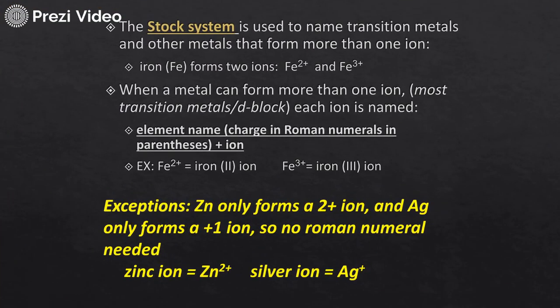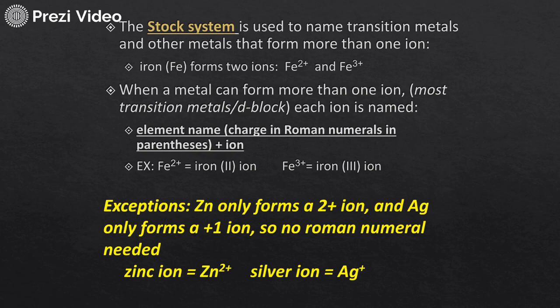Now, the stock system is a different way to name things, and you need the stock system in order to name atoms that have more than one ion. For instance, in this case, we see iron has a 2+ and a 3+ charge.